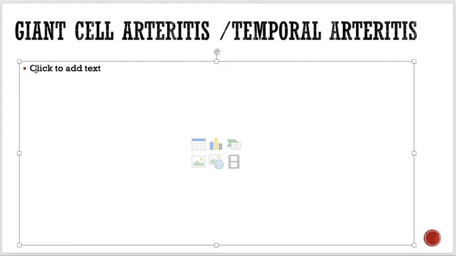First of all, I wanted to tell you that giant cell arteritis is associated or related with one more condition called polymyalgia rheumatica, also called PMR. You will find it written in your books that polymyalgia rheumatica is associated with GCA.